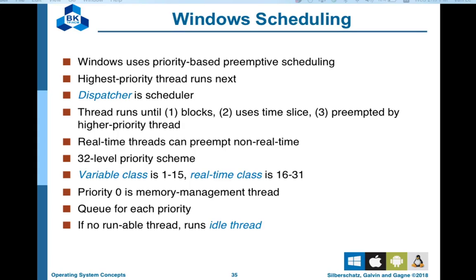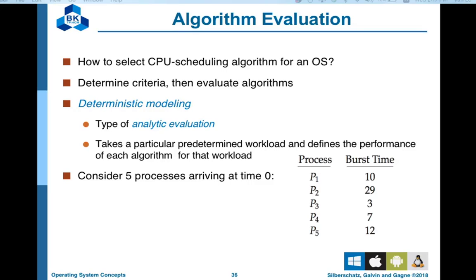To evaluate an algorithm, you can use some criteria, for example response time, waiting time, or turnaround time. You can use simulation to make some scenarios. We have some processes with fixed burst times, and we let the processes run with a determined algorithm, and then we use the criteria to evaluate the algorithm.